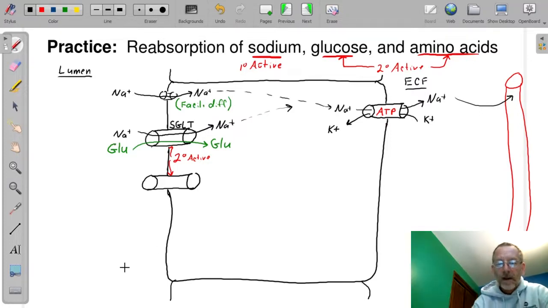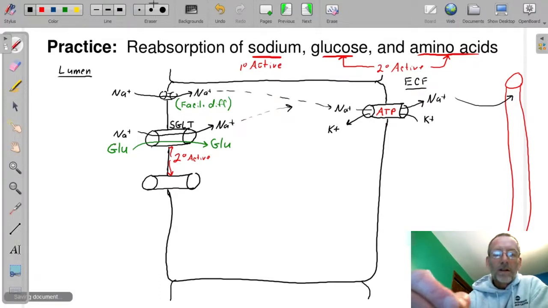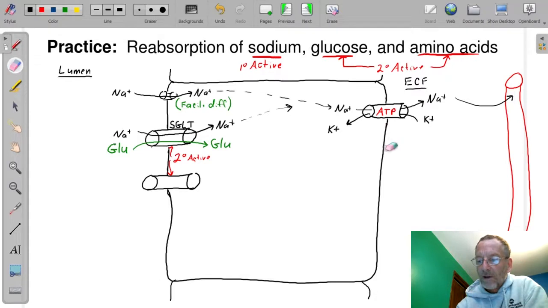And then the glucose will leave through a channel on the basolateral membrane.